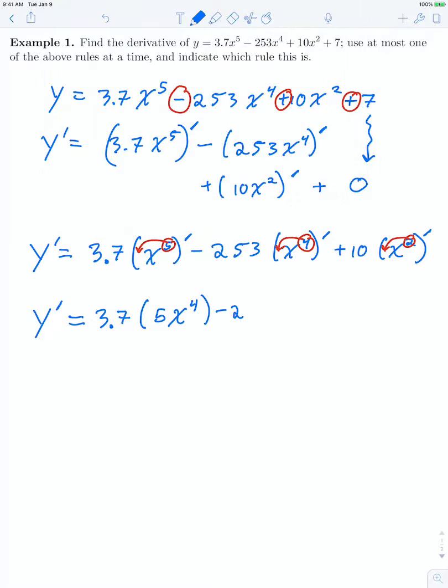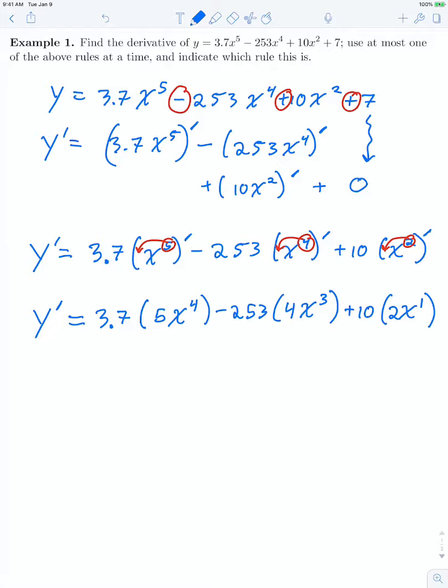Okay, so minus 253 and 4 comes down in front, and then subtract 1 from the power, you get x cubed, and then plus 10 and subtract 1 from the power, bring the power down in front, and then subtract 1 from the power, you get x to the 1.